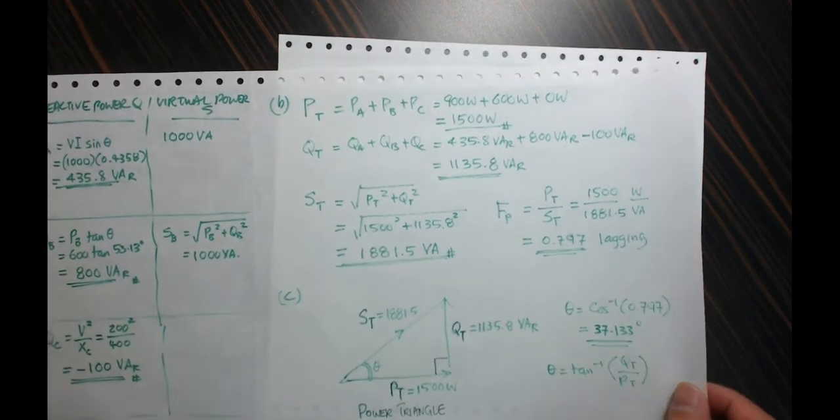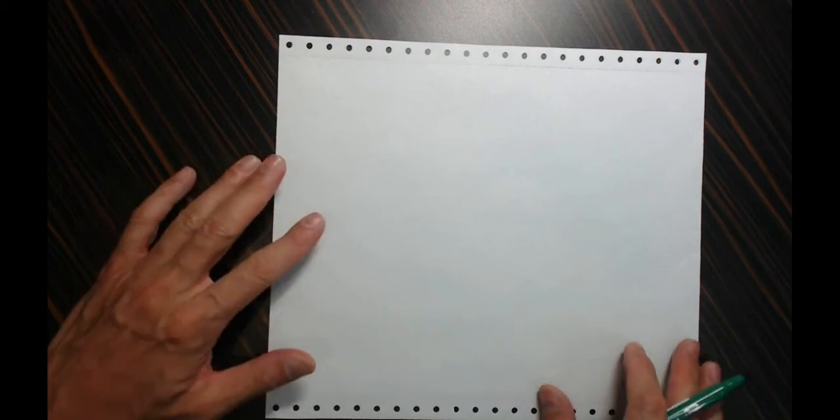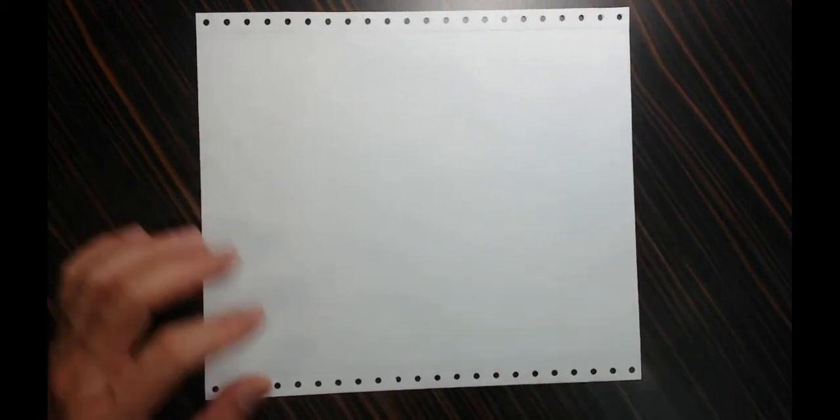Okay, and the last part of this question is it wants us to calculate the current I1 and current I2.